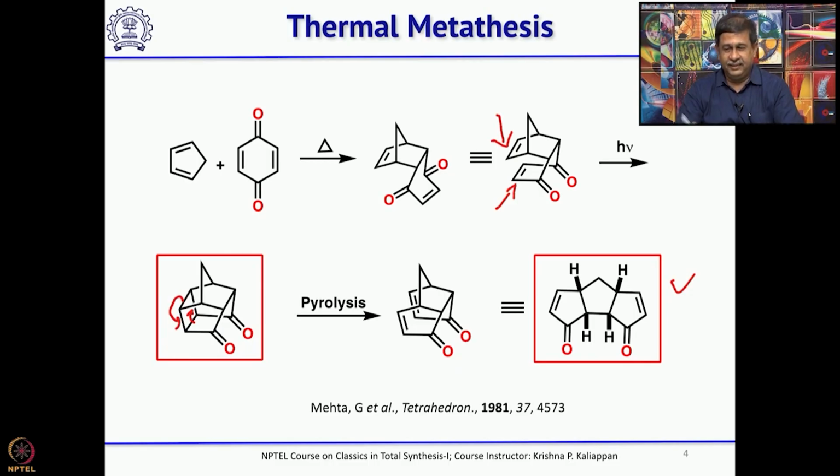So, what are the key reactions and what are the key takeaways from this whole sequence? One, as I said, for the first time thermal metathesis was used to get this tricyclic compound. Two, people often talk about atom economy. Okay, this is a buzzword in the last 2 decades. If you look at the whole transformation, you started with 5 plus 6 carbons, and you can see in the product you have the same 5 plus 6, 11 carbon atoms, all the hydrogen atoms, all the oxygen atoms, all are retained.